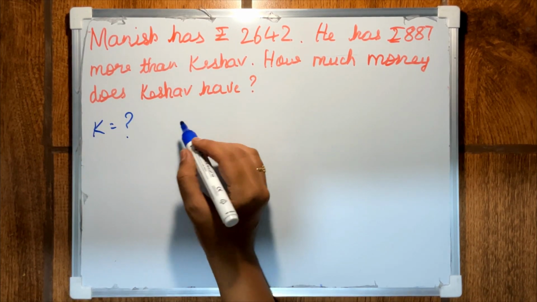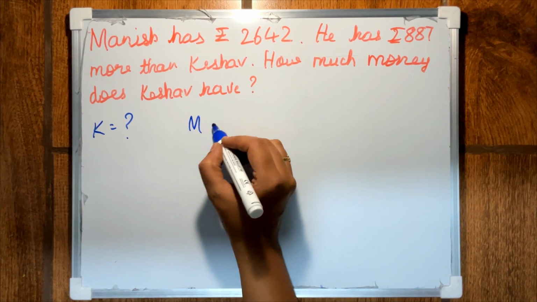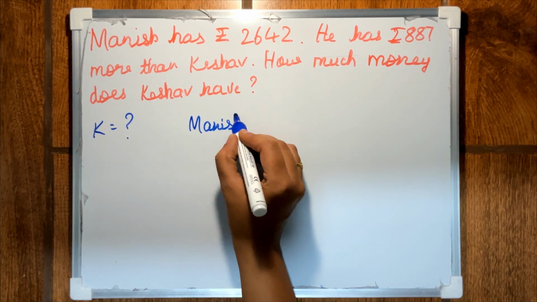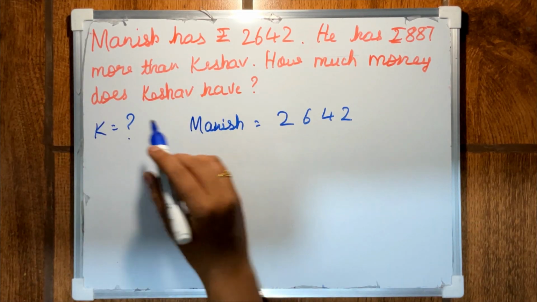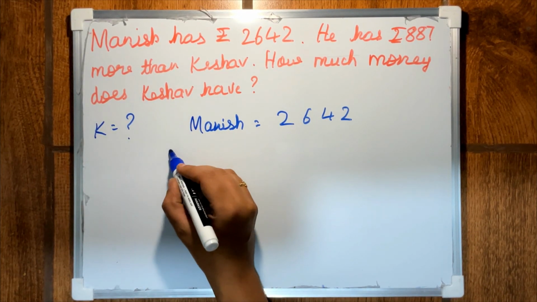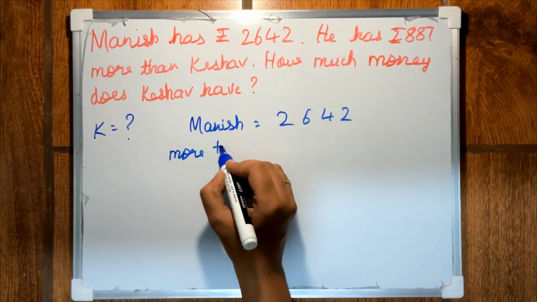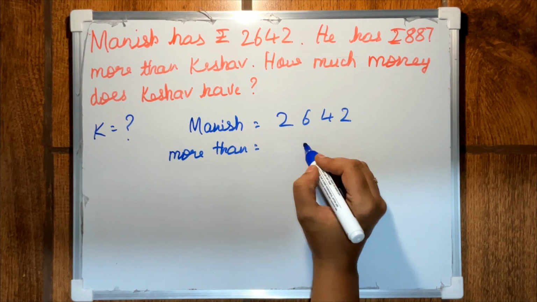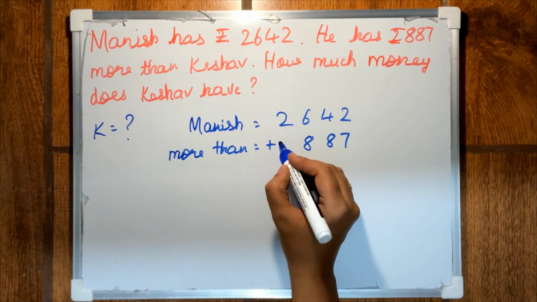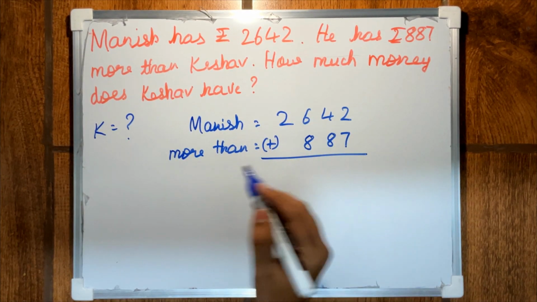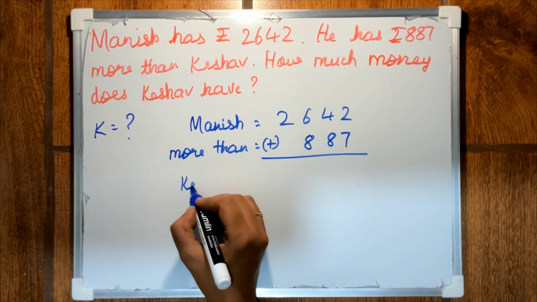Now let's start. How much does Manish have? 2642. How much more should Manish have than Keshav? That is 887. As it is more than, we have to add. What is the money of Keshav?